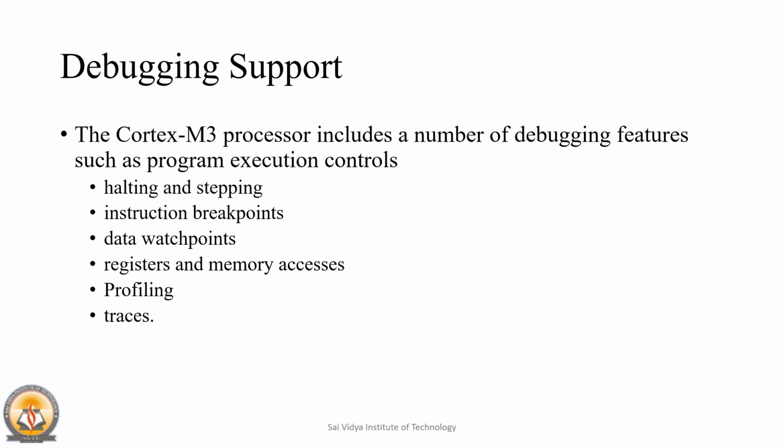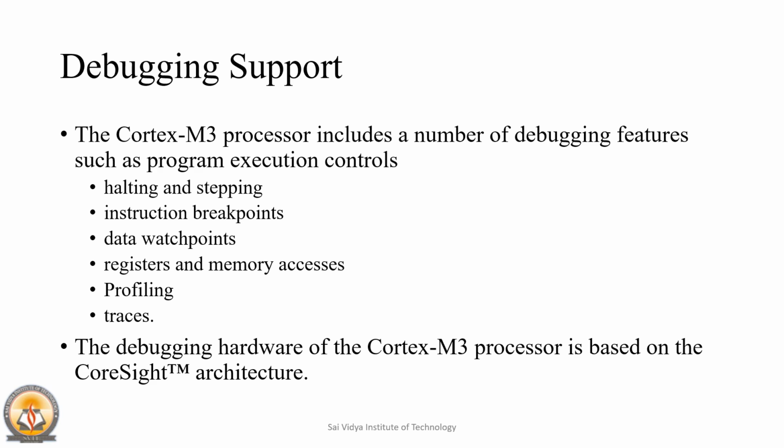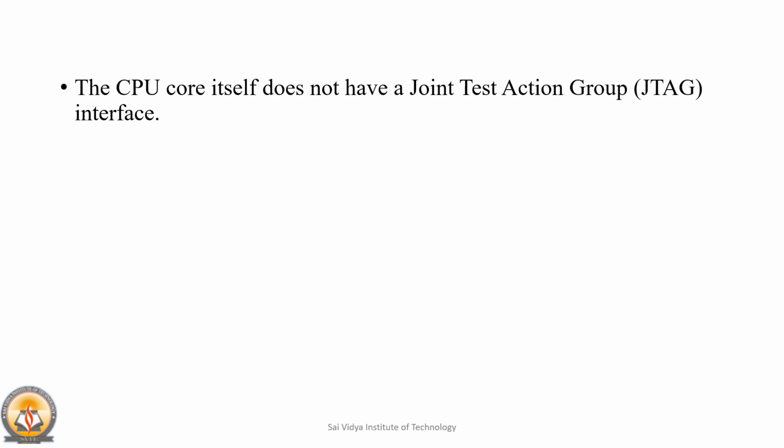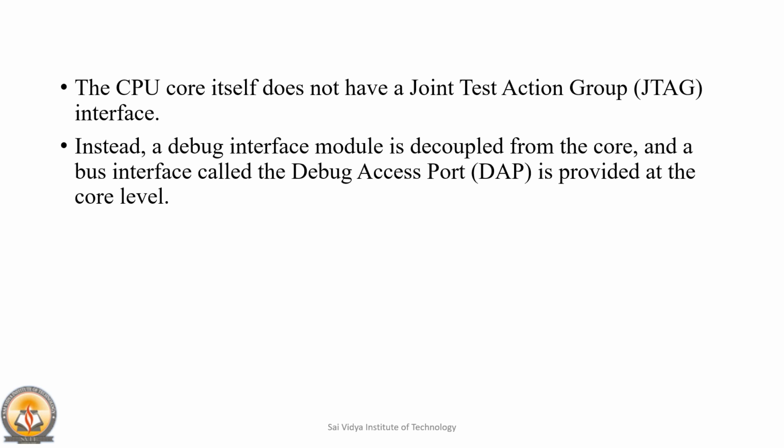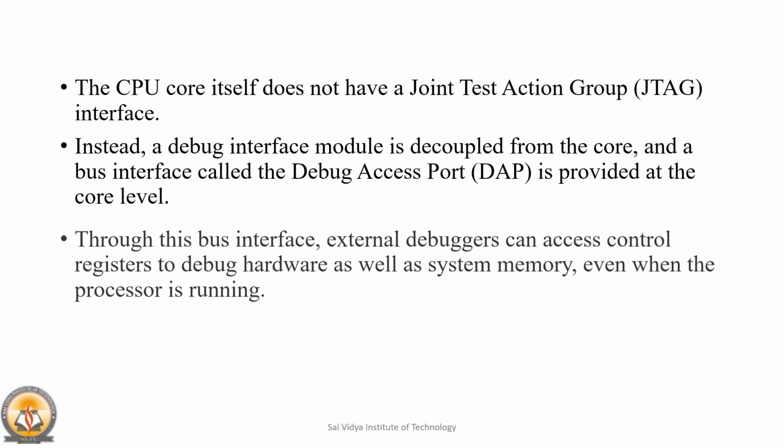The debugging hardware of the Cortex-M3 processor is based on the CoreSight architecture. Unlike the traditional ARM processors, the CPU core itself does not have a Joint Test Action Group, or JTAG, interface. Instead, a debug interface module is decoupled from the core and a bus interface called the debug access port, or the DAP, is provided at the core level.